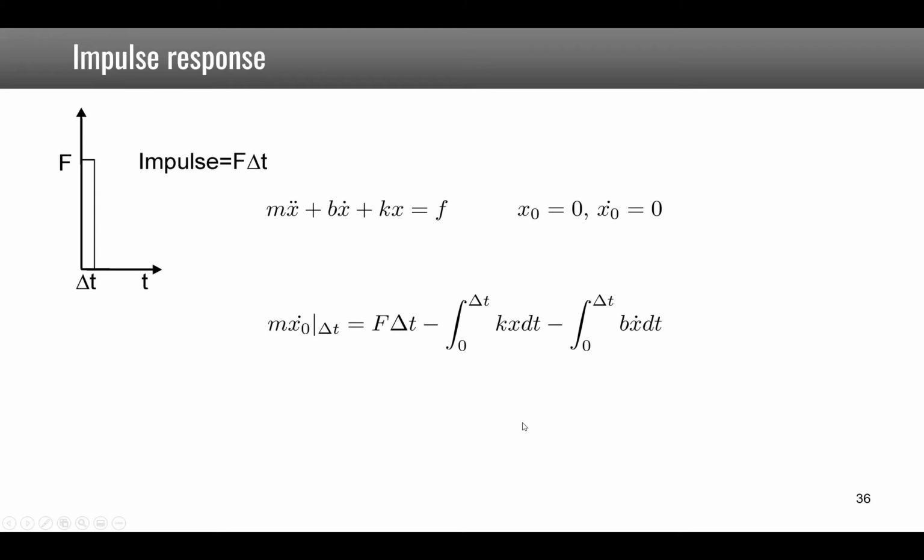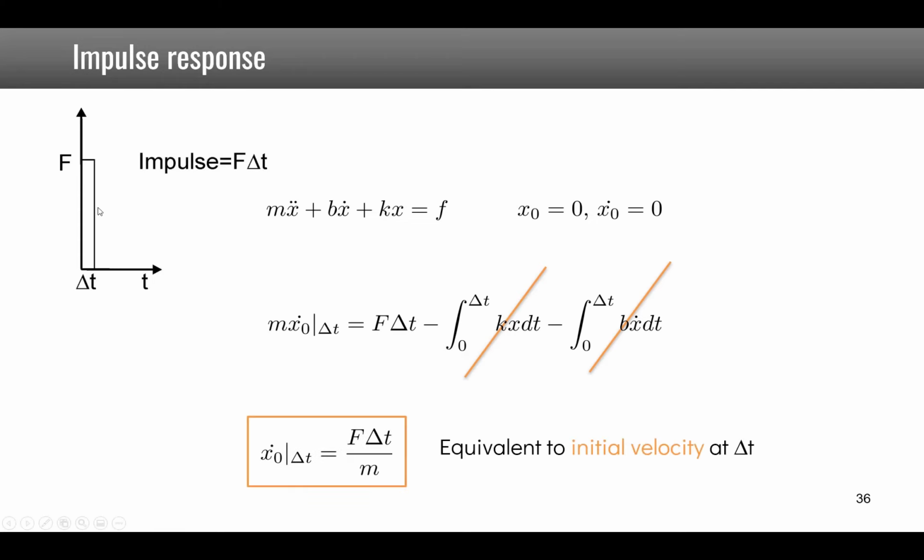And now we're going to make the hypothesis that because the initial displacement and velocity are small, and because this time is very small, these two terms can be neglected. So what this means is that if you apply an impulse, it's equivalent to applying an initial velocity at time delta t, which is equal to F delta t, the value of the impulse, divided by the mass.